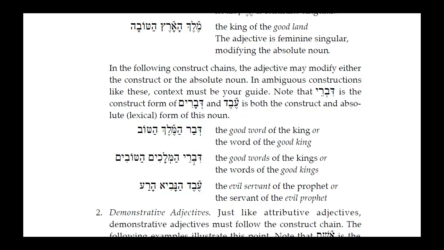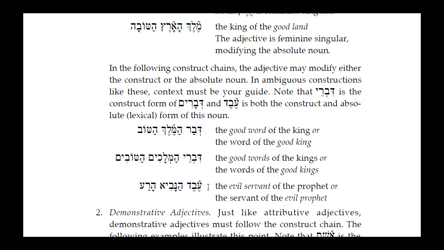So it's the same, and it could go either way. We could say the good words of the kings, or we could say the words of the good kings. Either way, it would be correct.